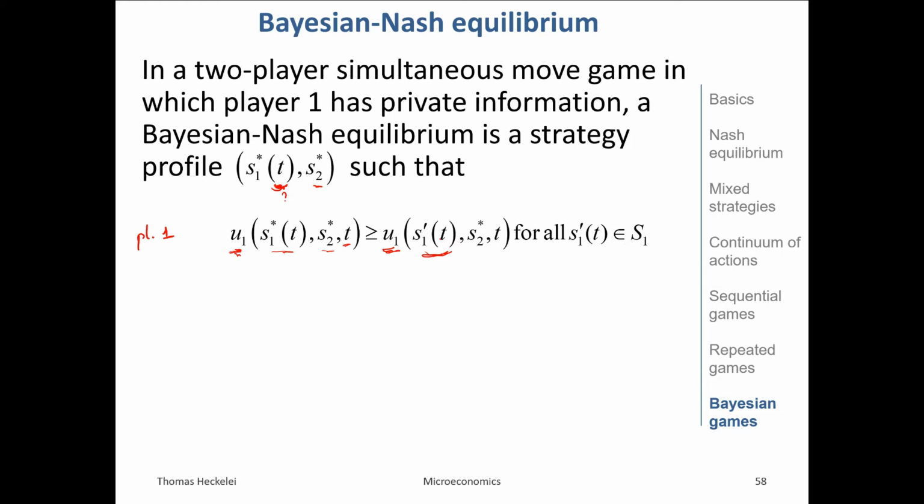Again, it depends on T here. That is for all other strategies in his possible strategy set. That is for the first player.